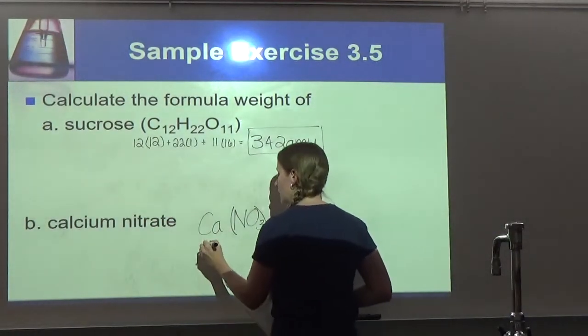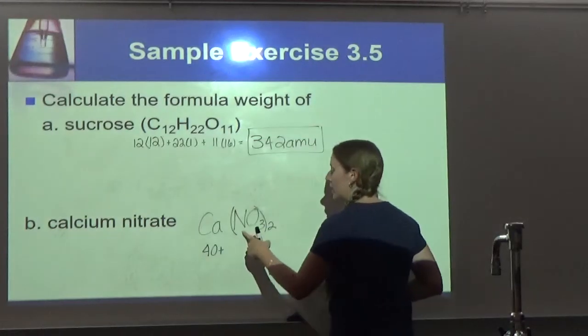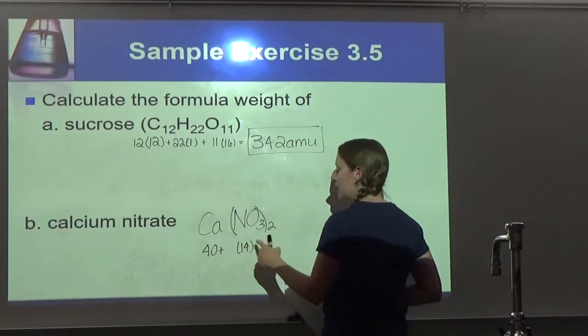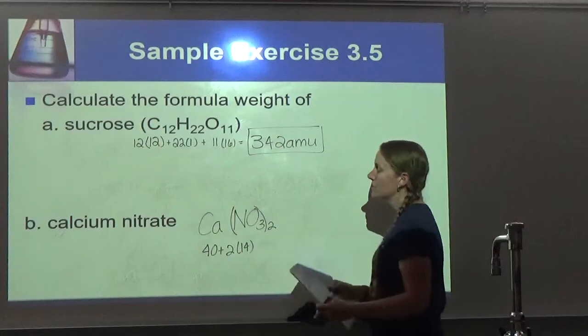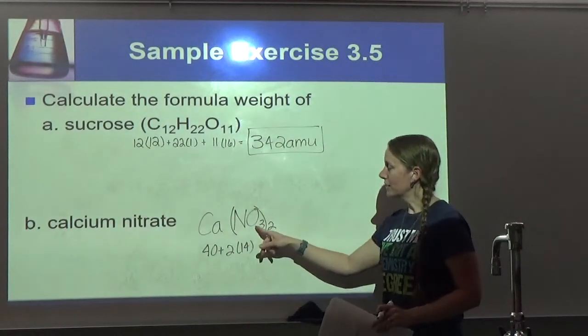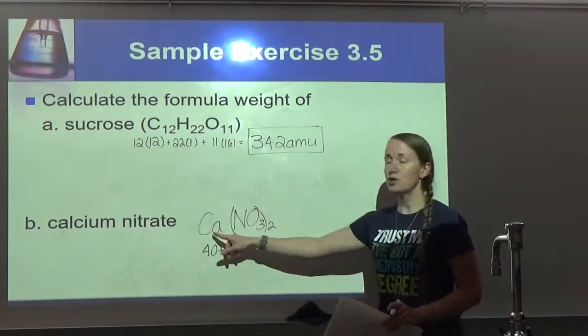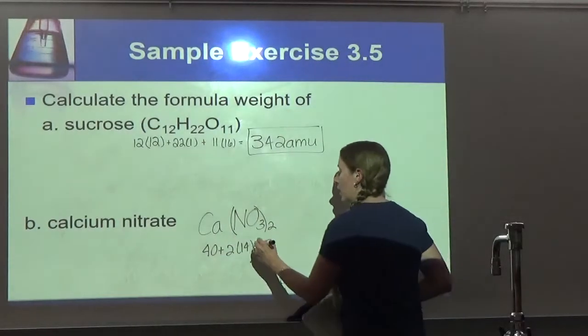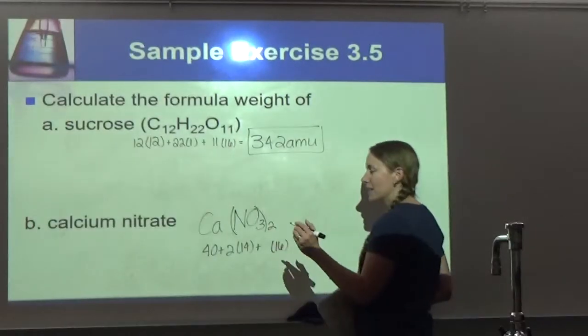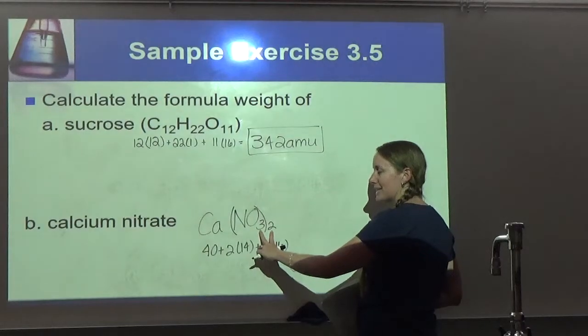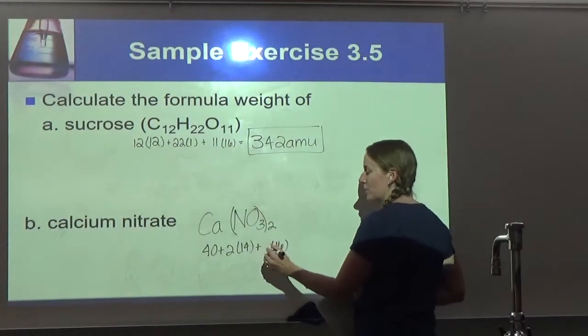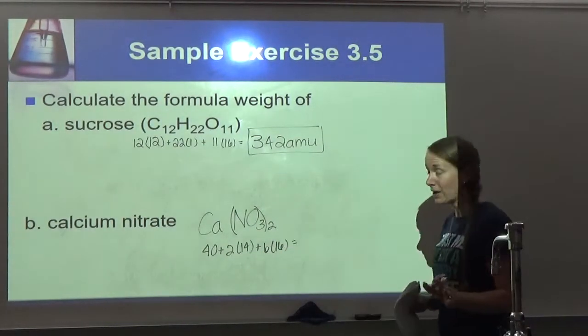So calcium is 40 AMU. Nitrogen is 14 AMU, but I'm going to multiply by 2. So y'all, the 2 goes to everything in the parentheses. So the 2 does not go to Ca. All right, and then oxygen is 16 AMU, but I'm going to multiply it by 6, because see, the 2 and the 3 go to oxygen. So you multiply, don't add.